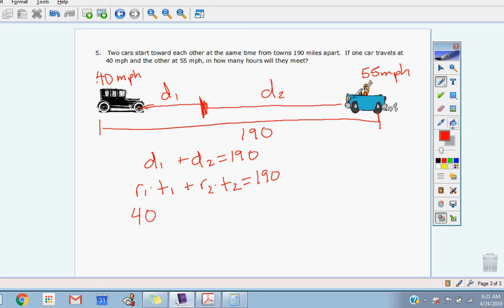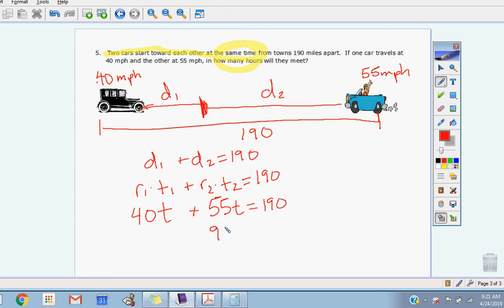And then again, let me highlight it one more time for you: 2 cars start towards each other at the same time. If that's ever happening, it actually makes the problem a lot easier because the t's are exactly the same for both of them. So 55t for this one, and we get our 190.